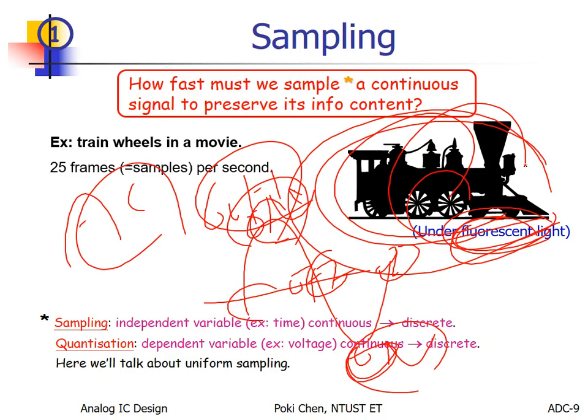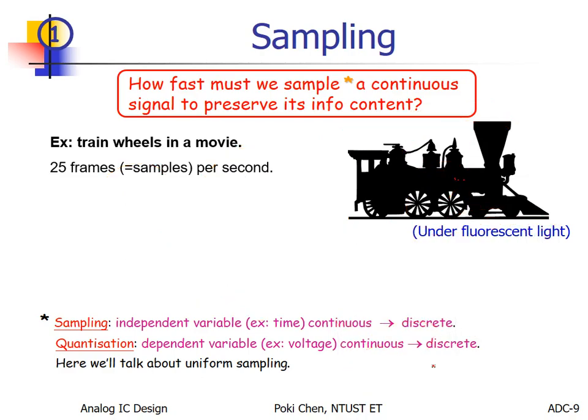But if you pay enough attention to the wheels, you will see them rolling forward, then backward. How come? What is the problem with the wheels?